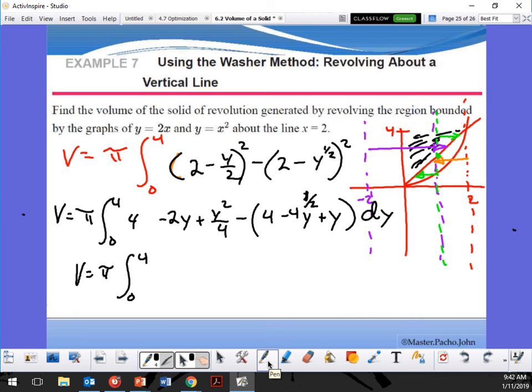Okay. Yeah, that one's still fine. I have that minus 2 minus 3y, y squared, y to the 1/2, plus 4y to the 1/2, and then plus y squared over 4 dy.